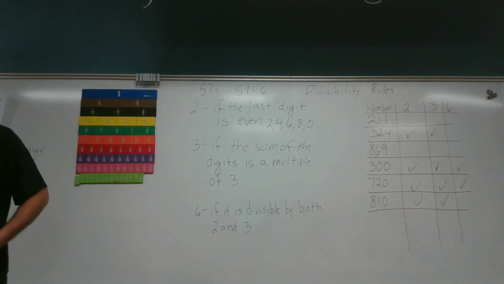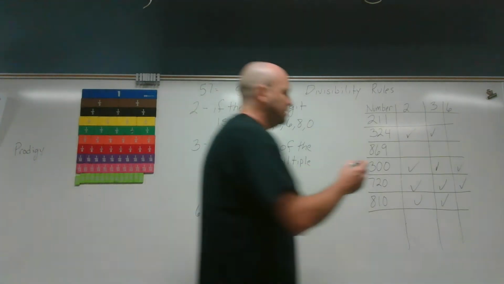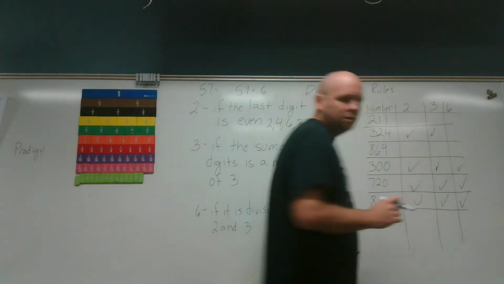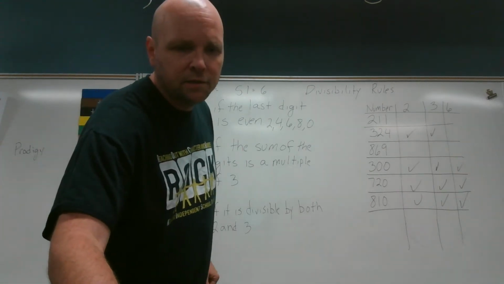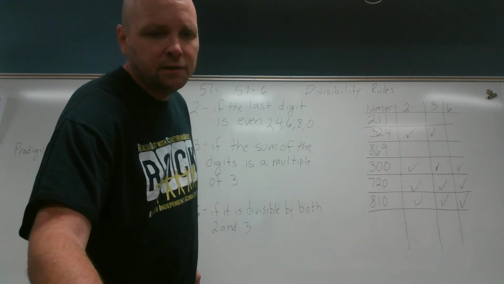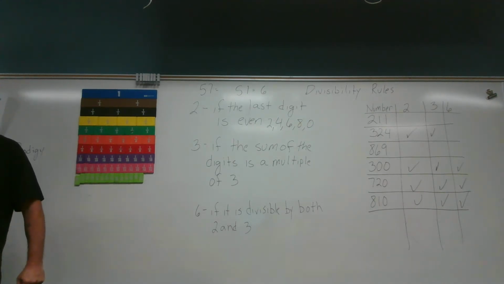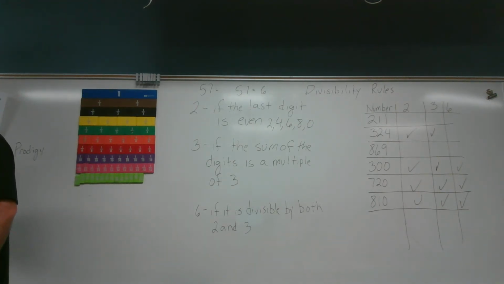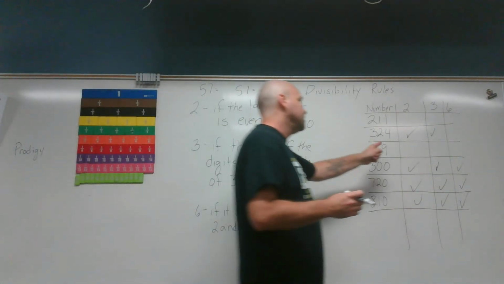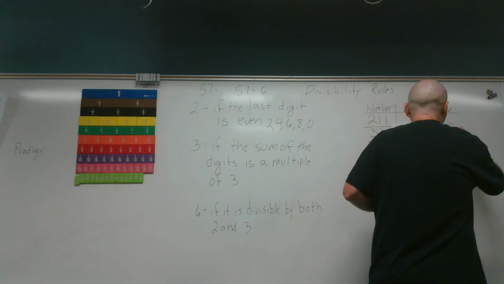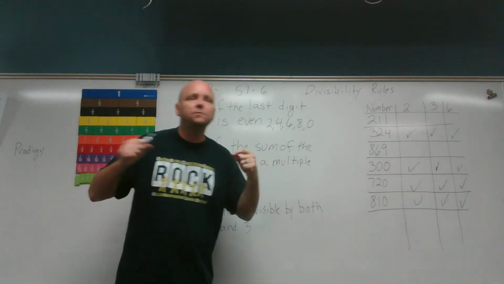Ian, any numbers that are divisible by 2 and 3? 810. Give yourself another point. And Izzy's still not here. Gus is still not here. Drew, any others that are divisible by 6? 324, because it's divisible by both 2 and 3. Use these rules. Use them, use them, use them.